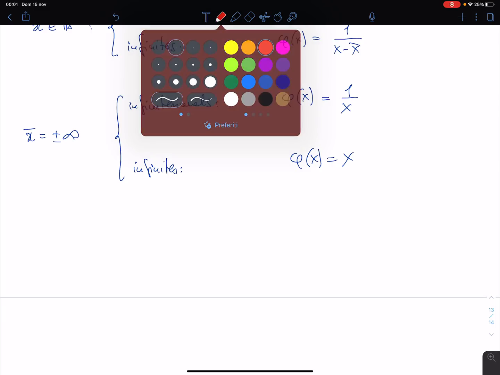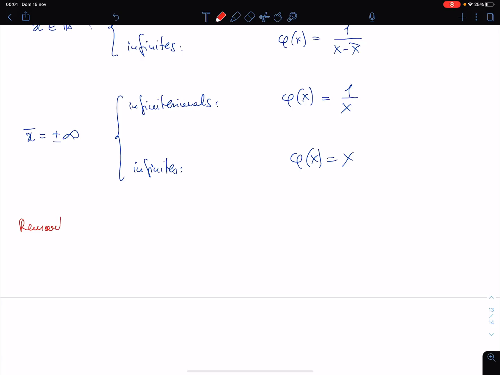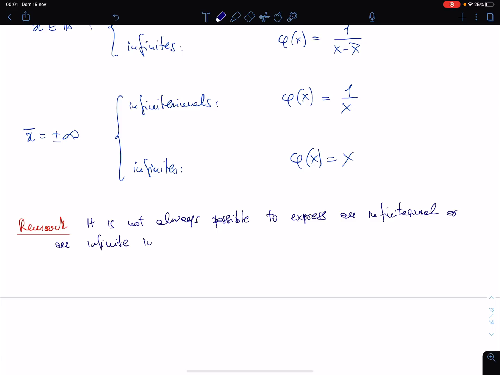And the last remark says that it is not always possible to express an infinitesimal or an infinite in terms of a given sample.